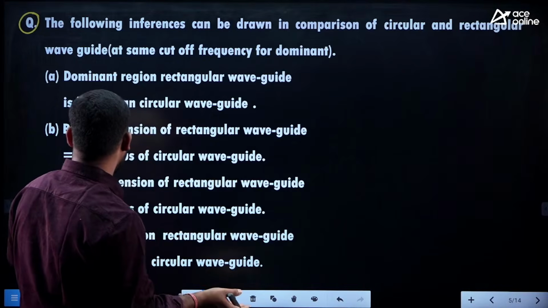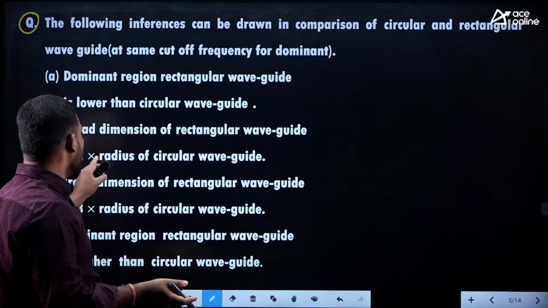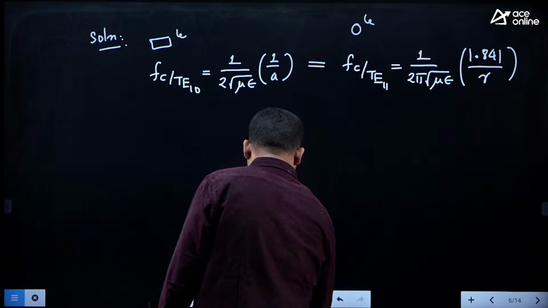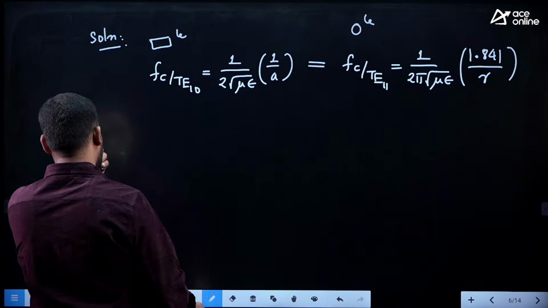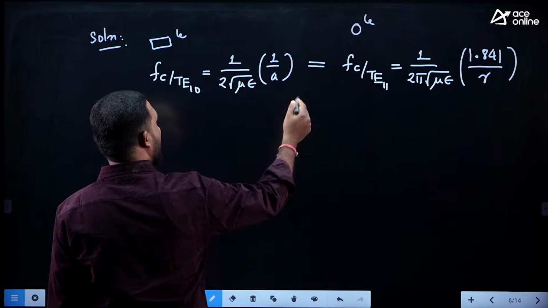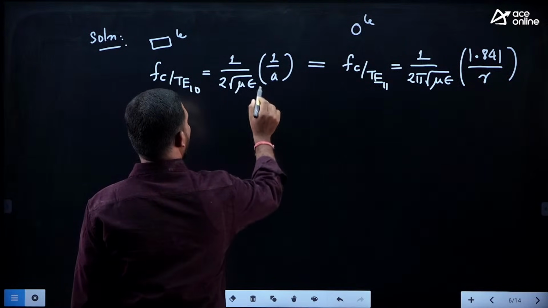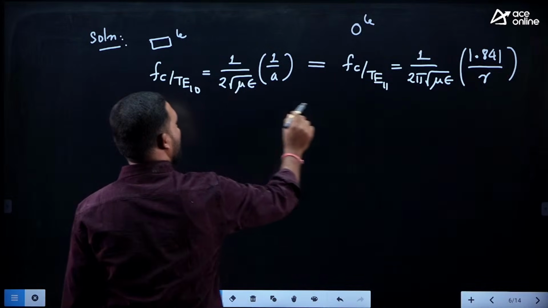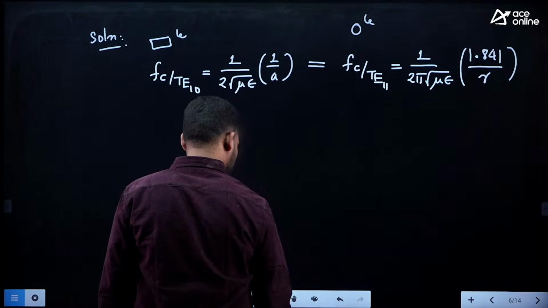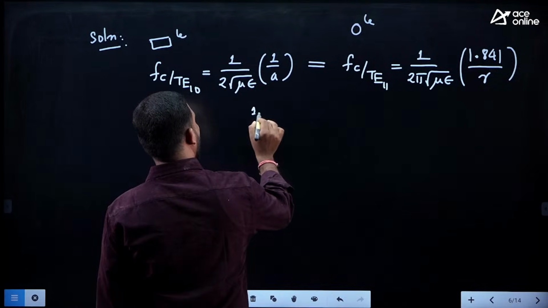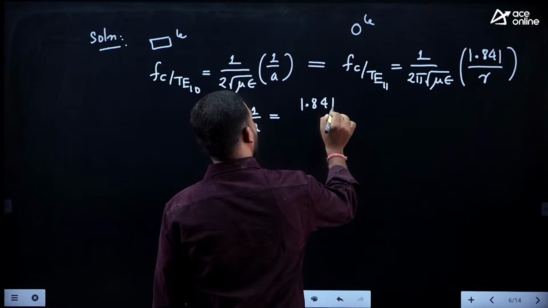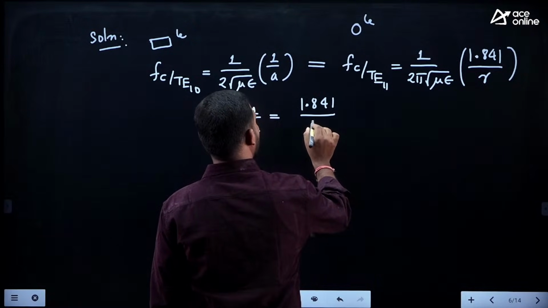So you observe the options here. Broader dimension of the rectangular waveguide is 2 times the radius of the circular waveguide. Okay, guys. Fine. Now let us make a comparison here. So we can cancel out the things here. 1 by 2 root mu epsilon, 1 by 2 root mu epsilon, you can cancel out. So you are going to get 1 by a equal to 1.841 divided by pi into r.